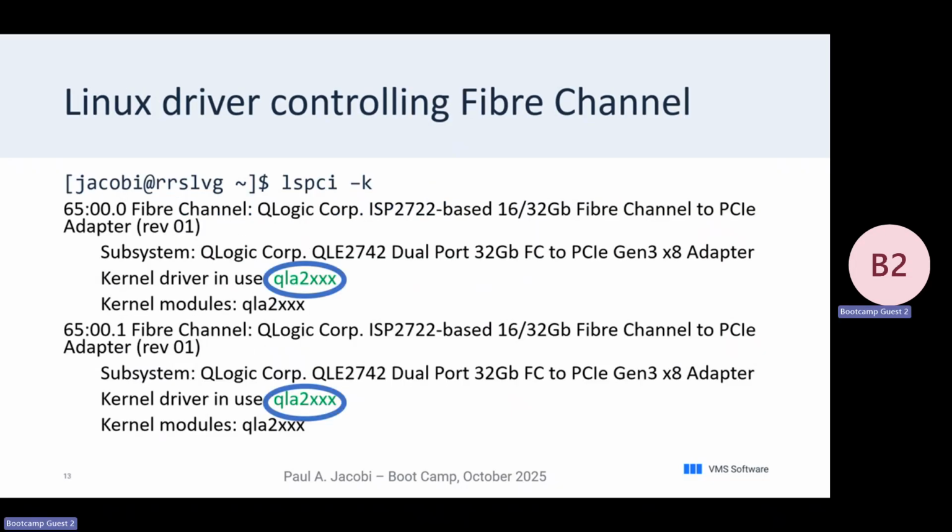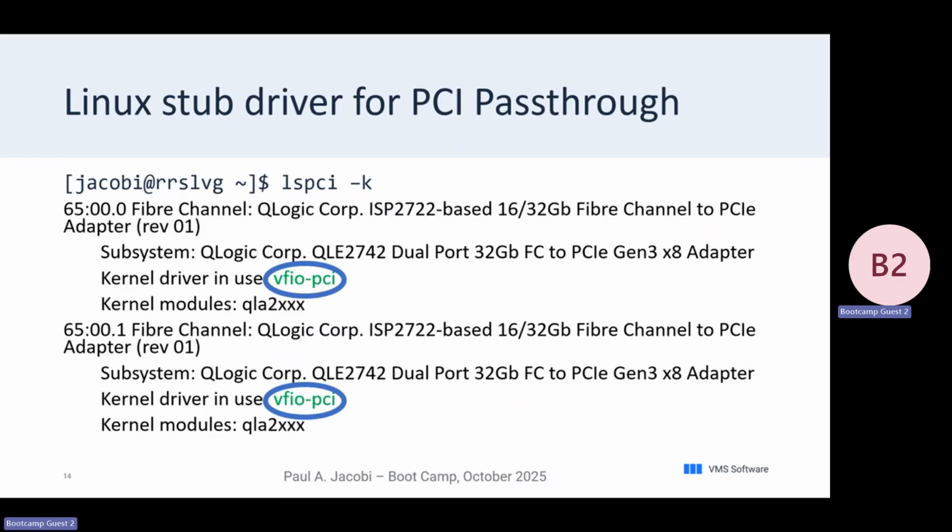When Linux is controlling the QLogic HBA adapter, the kernel driver in use will be qla2xxx. But to use the QLogic HBA for pass-through mode, this needs to be changed to the VFIO PCI driver. To do this, you will need to unbind the qla2xxx driver and bind the VFIO PCI driver to the device.